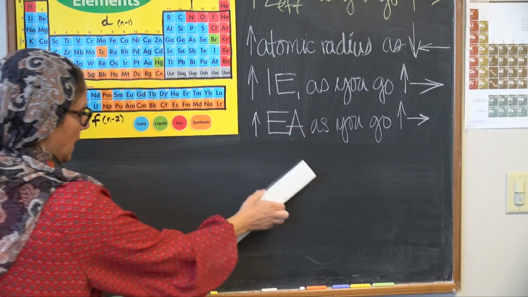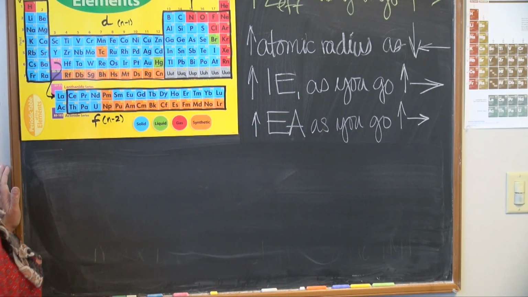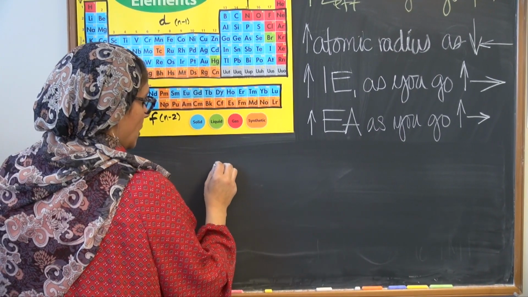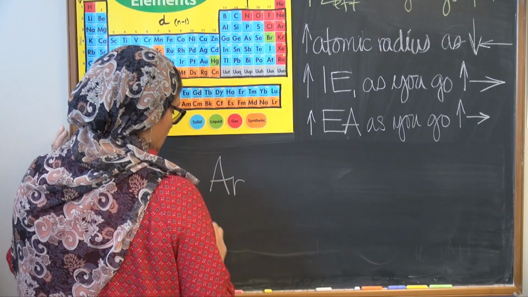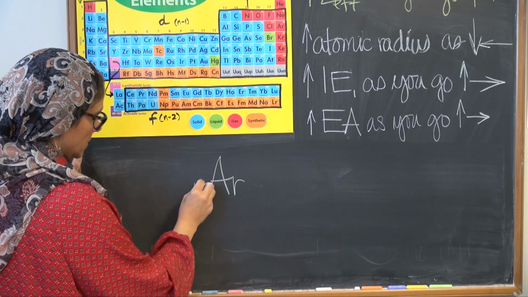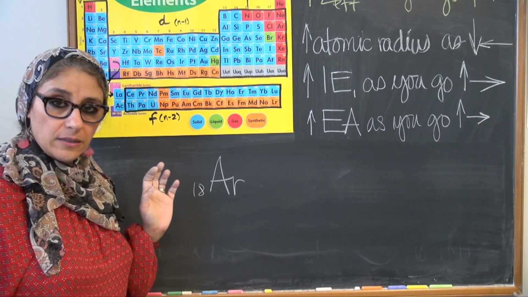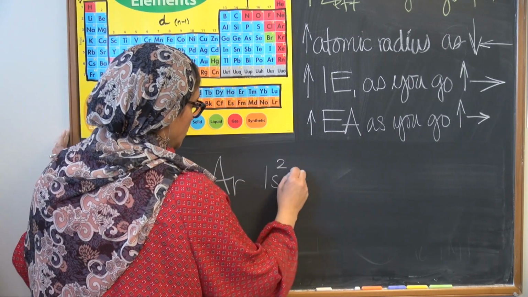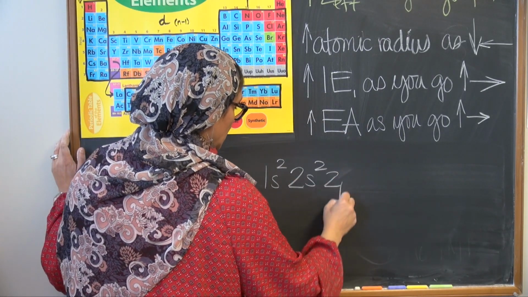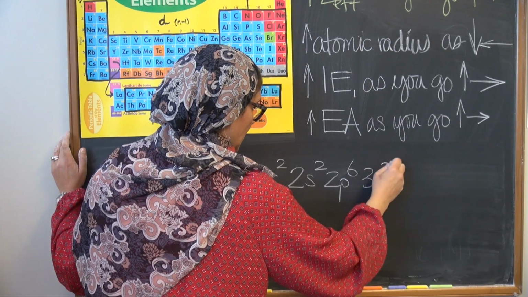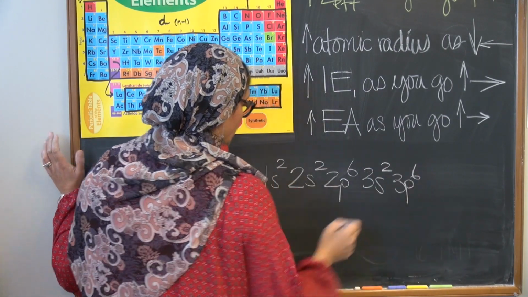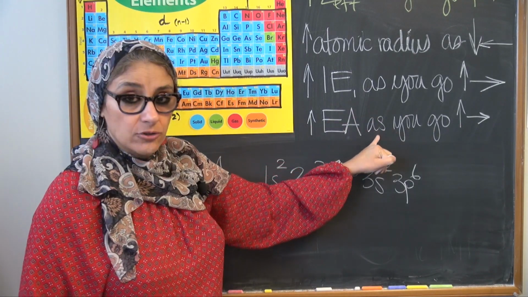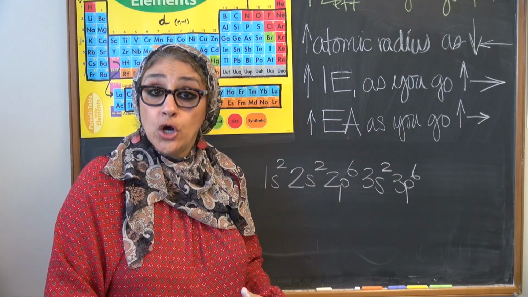one particular case, and that is, what if we have neon or argon, one of the noble gases, right? Where would that electron come from? Argon, 1s2, 2s2, 2p6, 3s2, 3p6. And if this atom is going to gain an electron, where will the electron go?